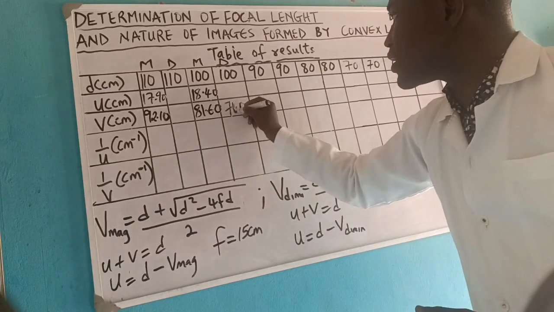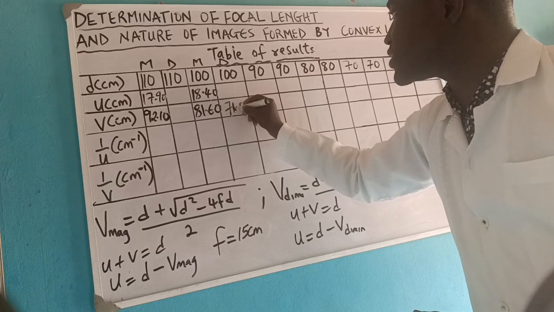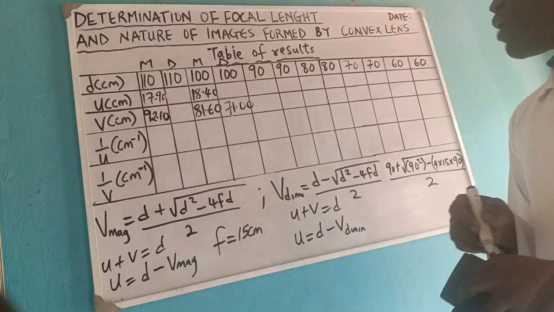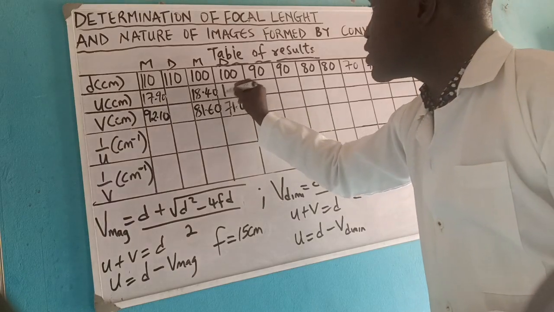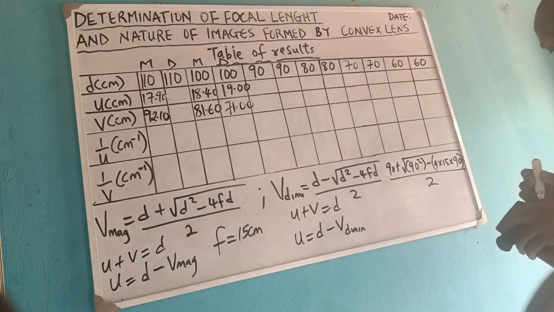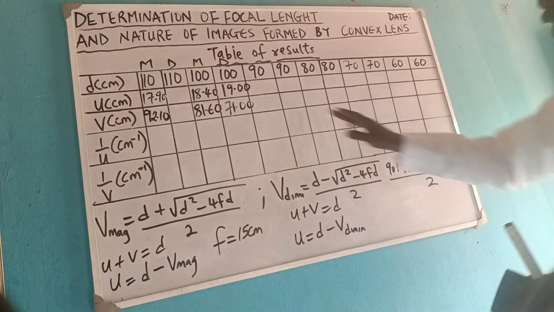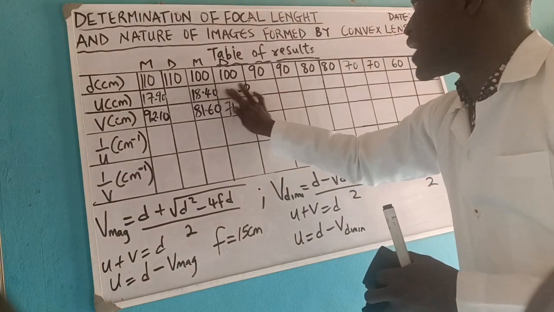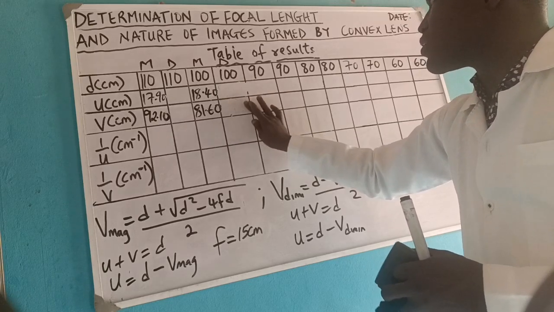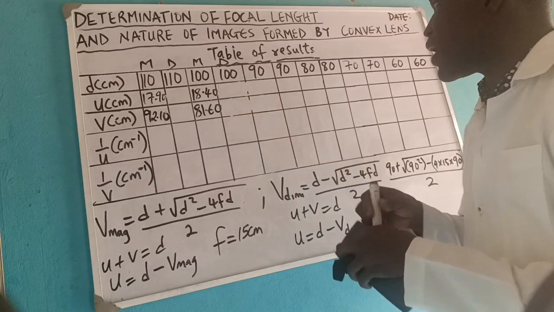Then you now say 90 minus 71.00, because it is minus. So 90 minus 71.00 will be giving you 19.00. No, we say we should put it at 90. Sorry for the mistake. At 90 only is what we are discussing.